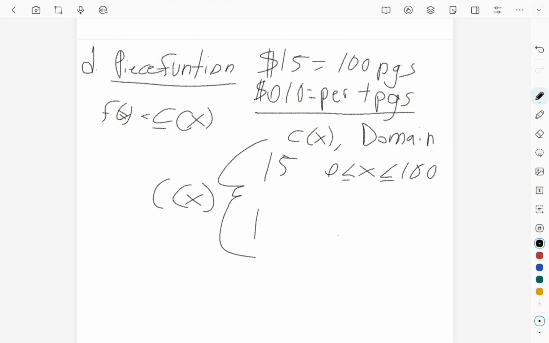So it's $15 plus 10 cents, multiplied by any additional pages subtracted by the first 100 pages. And for our next domain is anything more than 100, because you can't have negative numbers in the domain. That's going to be our piecewise function.